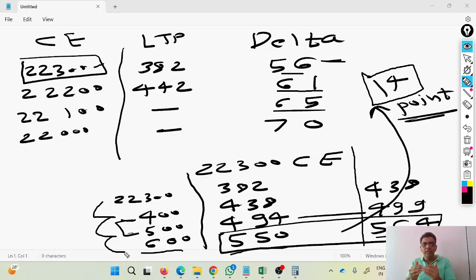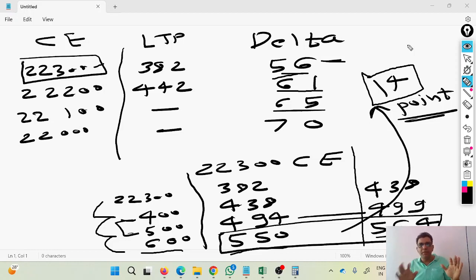Currently Nifty is at 22,300, so 22,300 is my at the money. Whenever Nifty goes up by, let's say, 10 points, from 22,300 to 22,310, immediately my delta changes from 56 to, I would say, 56.6. So for every point change in Nifty, delta keeps on changing.